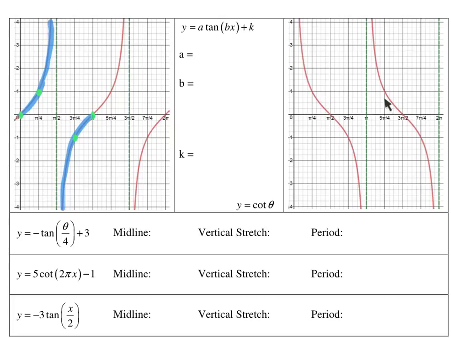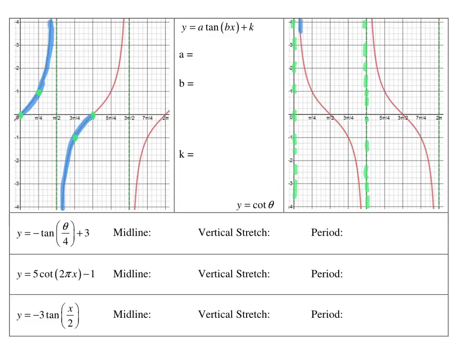For cotangent over here, it looks kind of similar, but uniquely different. For cotangent, it's a little bit harder, but you have to first recognize that there are asymptotes on each side. There's an asymptote over here and an asymptote on this side.